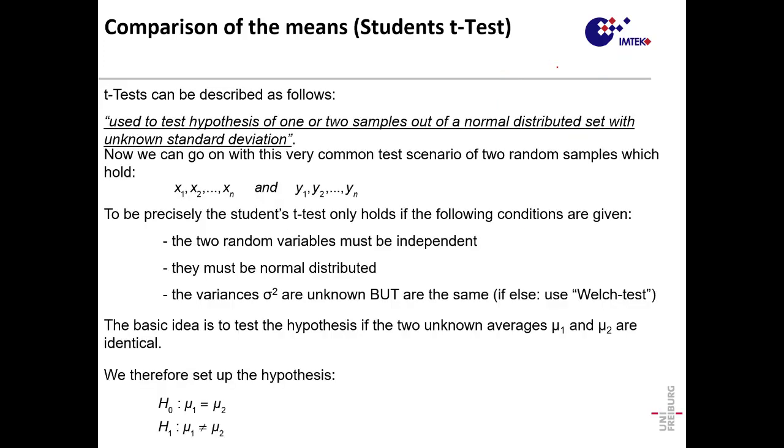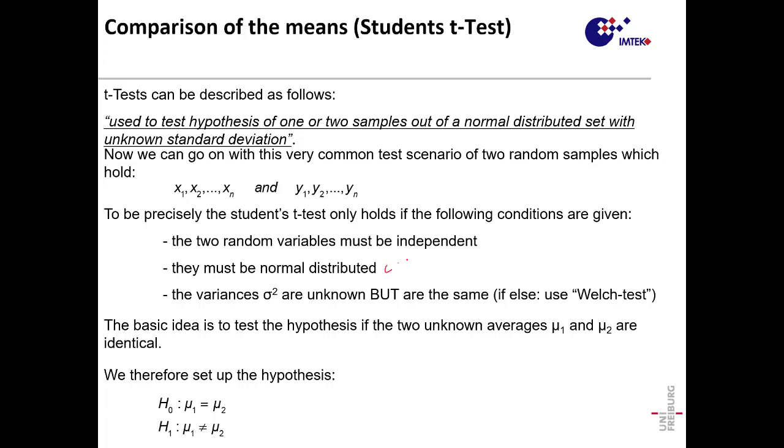So there are a few assumptions to use the t-test. The t-test is a parametric method, so you have to get parameters: the mean and the standard deviation. For that, to have a good estimation, your data has to follow a normal distribution.